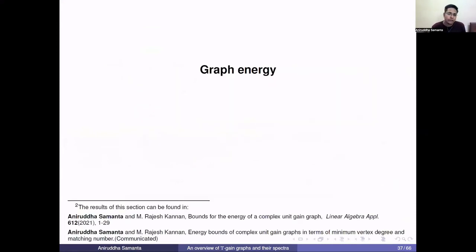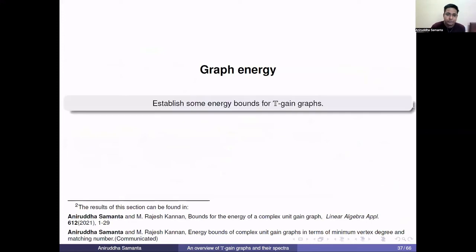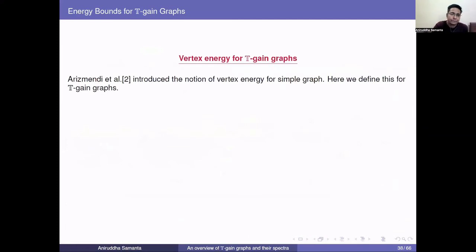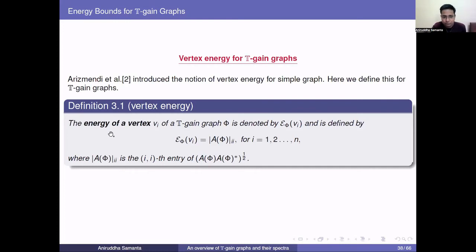Well, now in this section, we establish some energy bounds for T-gain graphs using vertex energy. Arizmendi et al. introduced the notion of vertex energy for simple graphs, and here we define it for T-gain graphs.